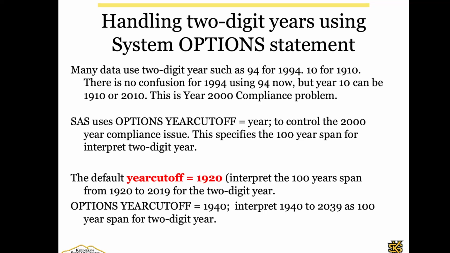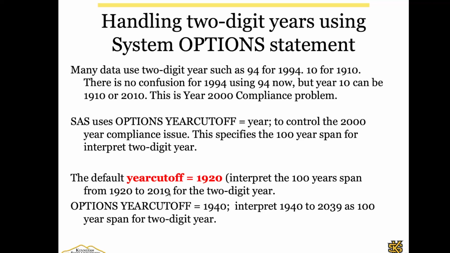For example, if you put 1910 or 2010, SAS would assume that both are the year 10. It's a little bit confusing for it. That's why the default year cutoff is 1920. So it interprets the 100 years as spanning from 1920 to 2019.